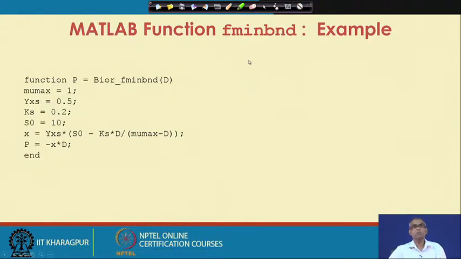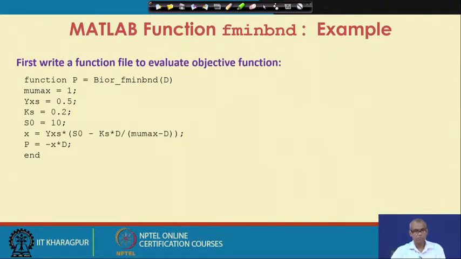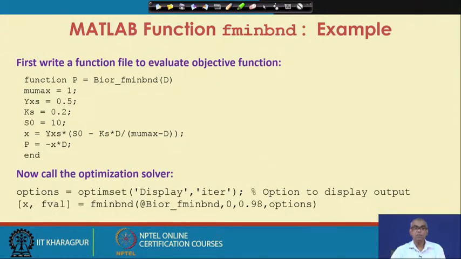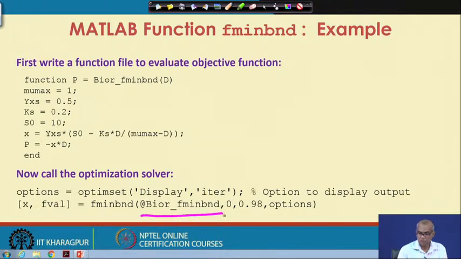Of course, you can also use, say, fminsearch or fminbnd. To use fminbnd, I first define the function, then we call the fminbnd solver. Note that it requires the function which will calculate the objective function.